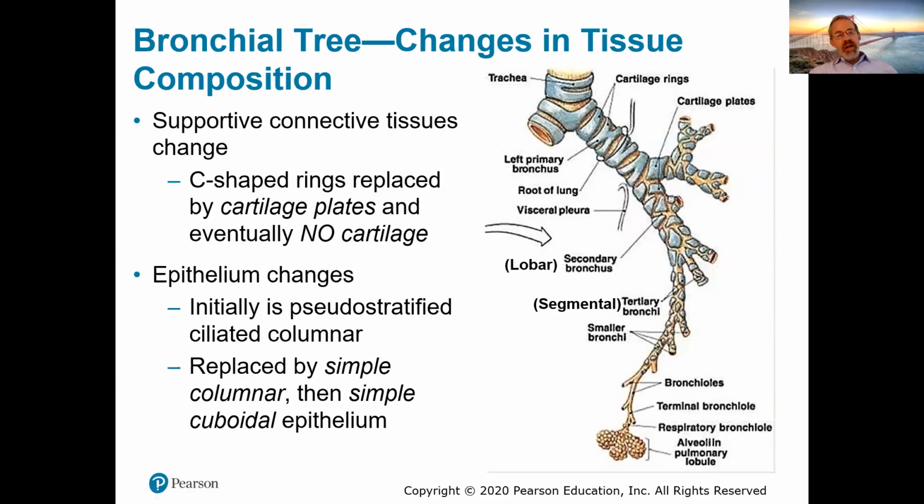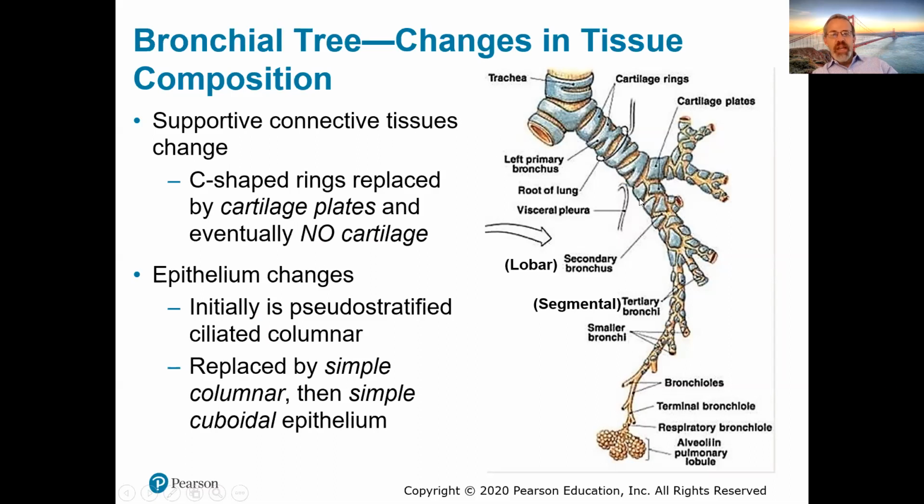Characteristics of the bronchi, and I might add later on into the bronchioles. Collectively, this is known as the bronchial tree. So anything from the primary bronchi to the secondary bronchi to the tertiary bronchi, and then going down into the bronchioles, that's all called the bronchial tree.